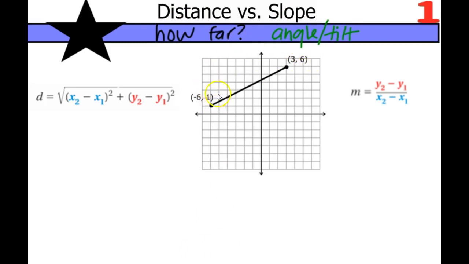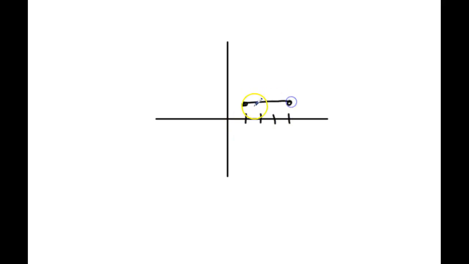Now, there's no way to count diagonally. We can't do that. Let's say we had this graph, and I wanted to find the distance between here and here. Well, that's a nice straight line going 1, 2, 3. The distance would be 3. Maybe if this is centimeters, the distance is 3 centimeters.